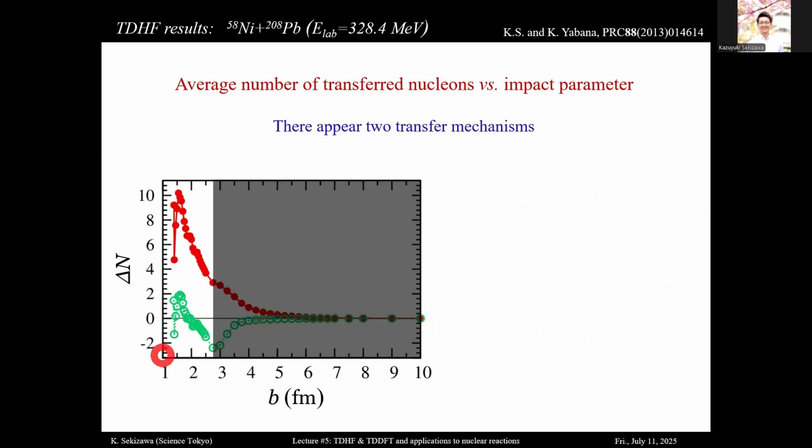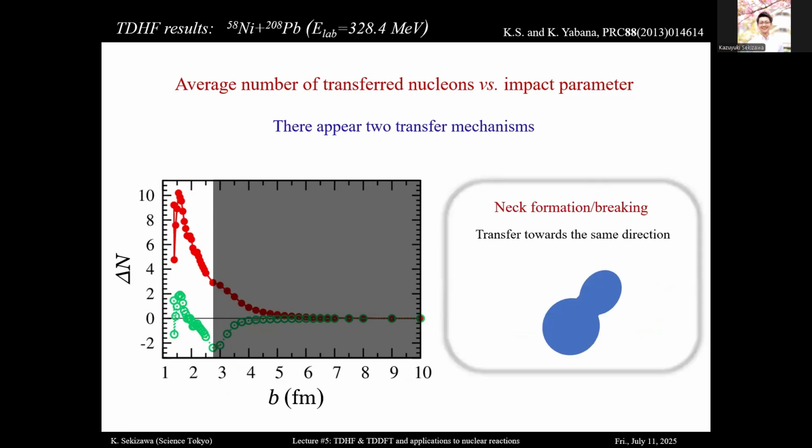But if you look at this small impact parameter region, something different is going on. From the time evolution, we can see what is happening here. In this small impact parameter region, we have a thick neck formation. Since the neck region is composed of both neutrons and protons, by the scission point, I mean when the two nuclei dissociate into two individual nuclei, the nucleons in the neck region are absorbed by the smaller fragment.